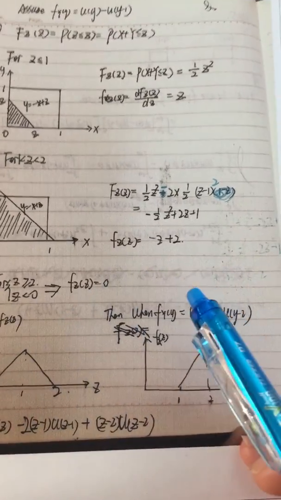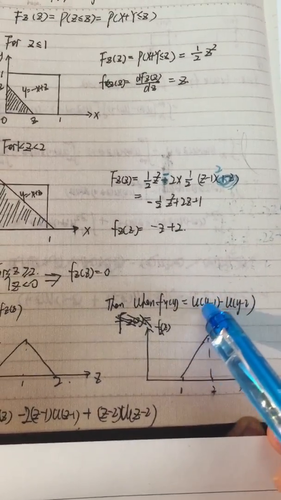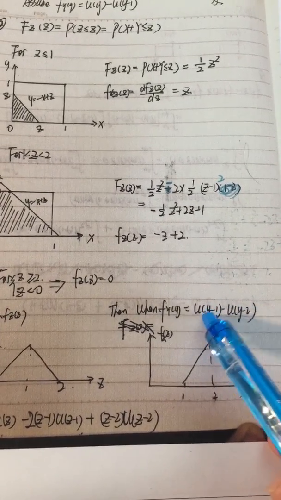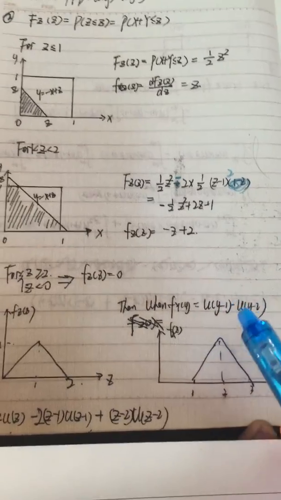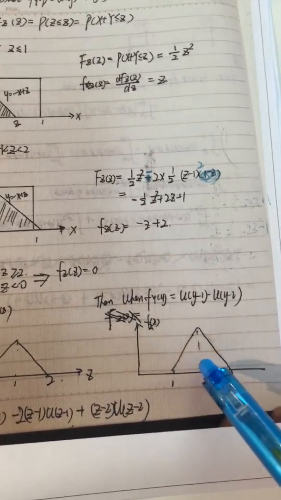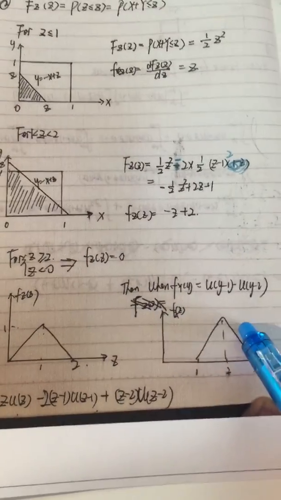What if the density function is equal to u(y minus 1) minus u(y minus 2), which means from 1 to 2, not from 0 to 1? We just easily move the triangle to the right by one unit to get this result.